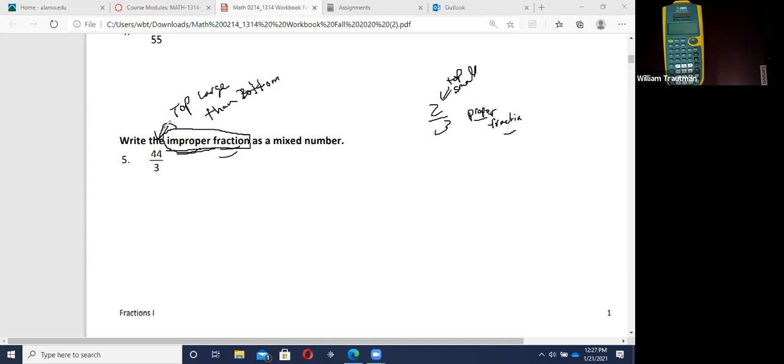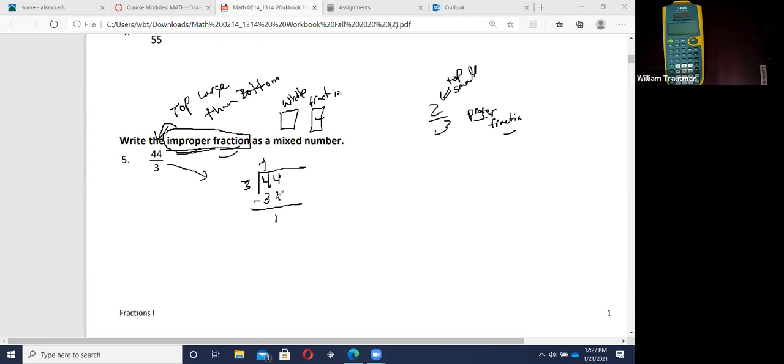Improper fractions can turn into a mixed number. A mixed number has a whole number and a fraction. And the way we learned it in school was we divide the two. We put the 44, the top, inside and then divide it by the bottom. 3 goes into 4 one time. 1 times 3 is 3.